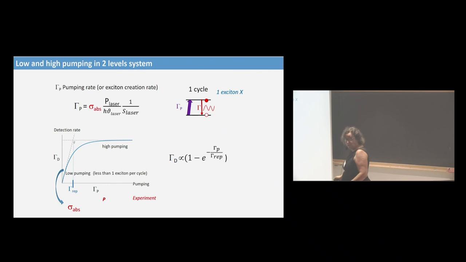In high pumping, you have a lot of power, so you get very quickly here. And then you have to wait for the emission. This is the difference between low and high pumping. In fact, low and high pumping can be defined like this. Here you have the number of photons of the laser per surface, and here you have what we call the absorption cross section.